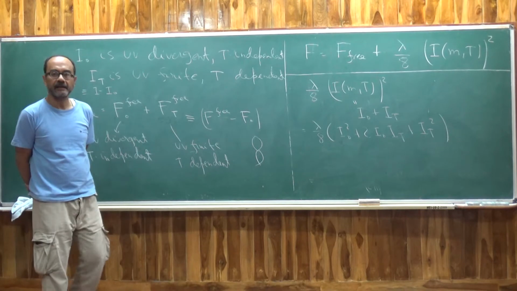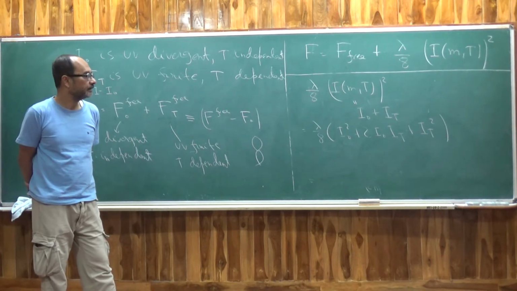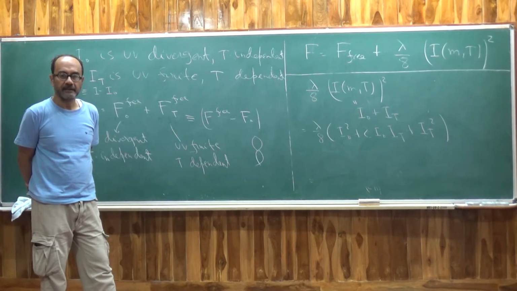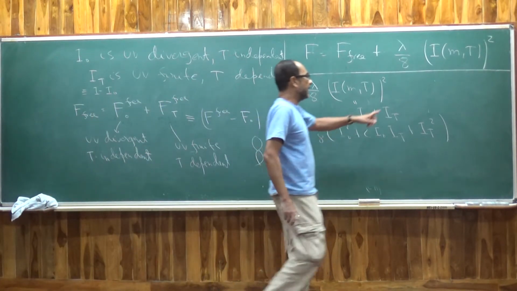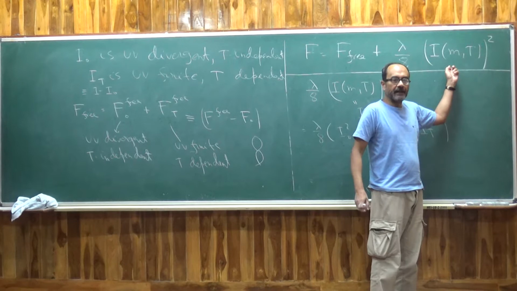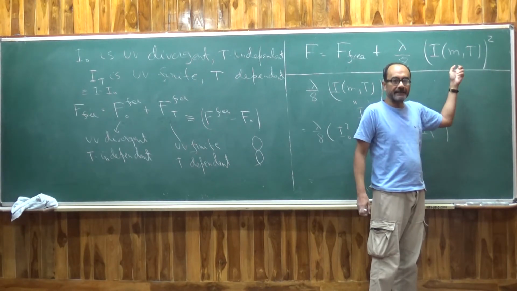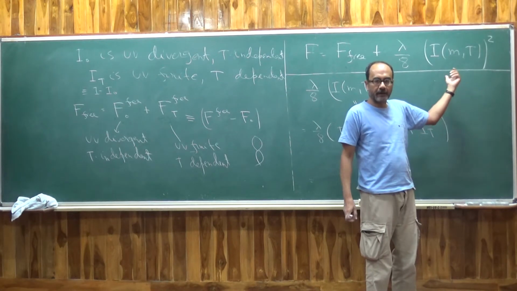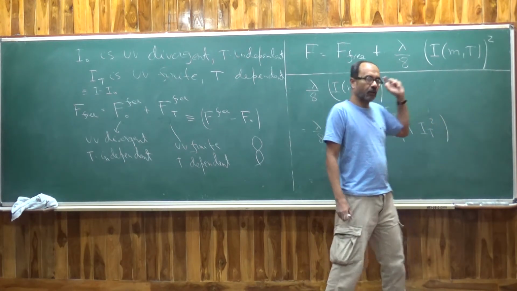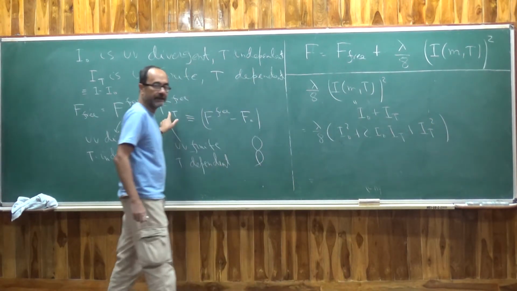Here of course, M and M_R are the same, because the difference between M and M_R is of order lambda, so that will correct order lambda square, but not order lambda. So the only possibility is from here.